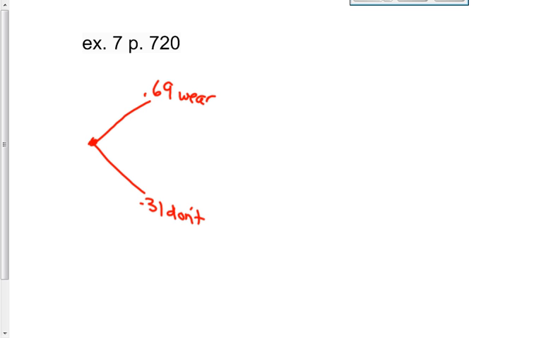And it says that a high school student also in the car wears a seatbelt 66% of the time when the adult wears a seatbelt. Okay, so this is the dependent part of it. 66% of the time, a student wears a seatbelt given that the adult wears a seatbelt. So we're going to branch off of the fact that the adult wears the seatbelt.